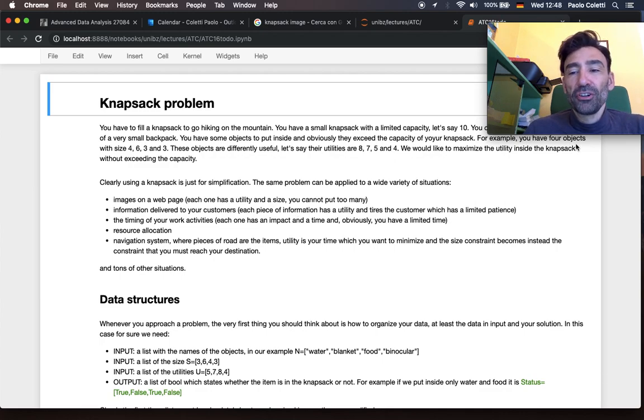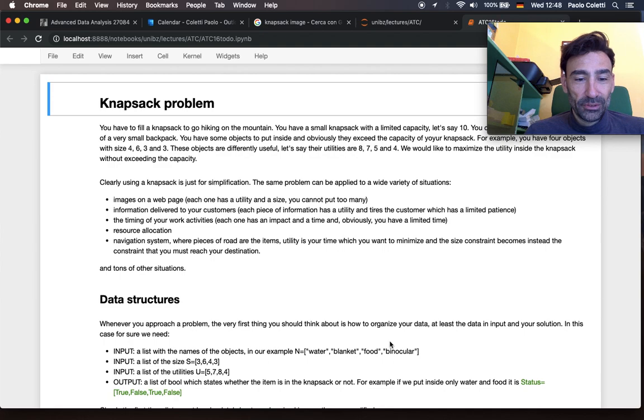Imagine, for example, you have 4 objects: water, blanket, food, binocular. Each one has a size, let's say 3 for the bottle of water, the blanket, the food, the binocular, 3. Each one has a utility. The utility of water is usually slightly larger than the utility of a binocular.